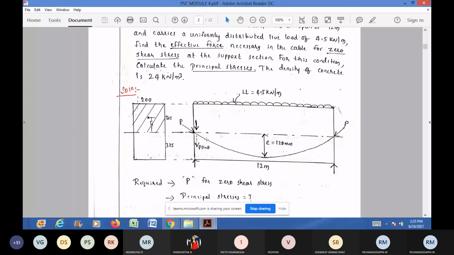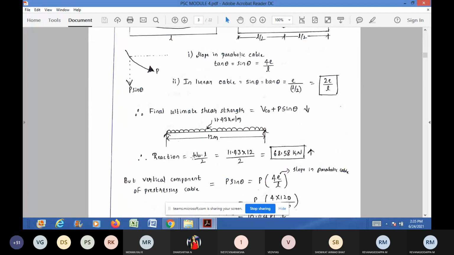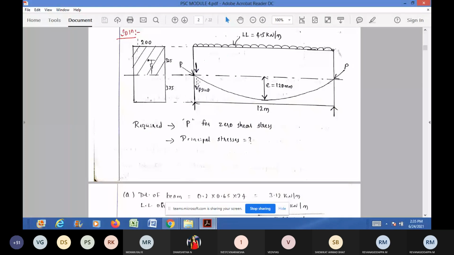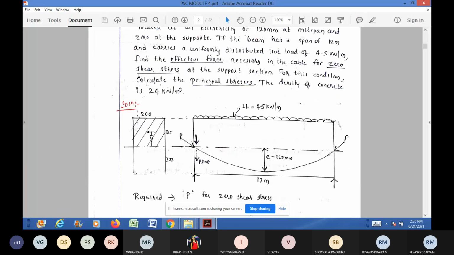That is why it is written as P sin theta here. You can see in the figure. So the reaction at the support, which is acting in the upward direction, minus this P sin theta will be the shear force at the support. That is VU. You are understanding?